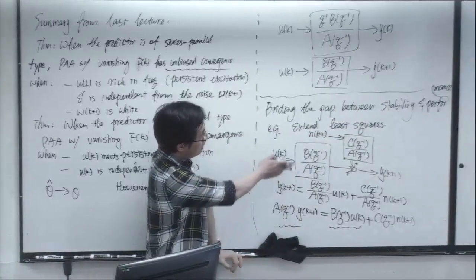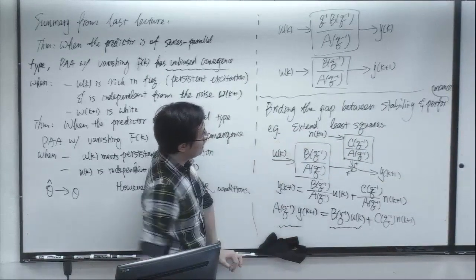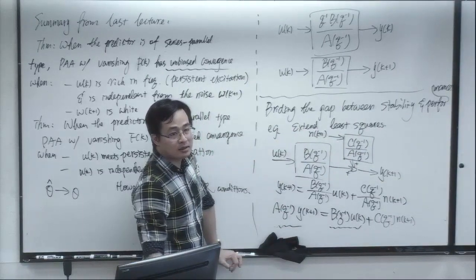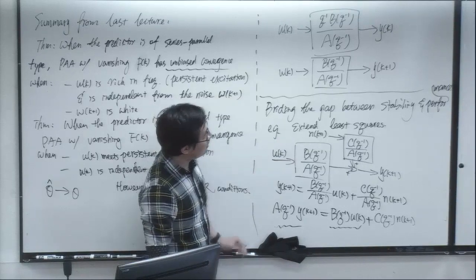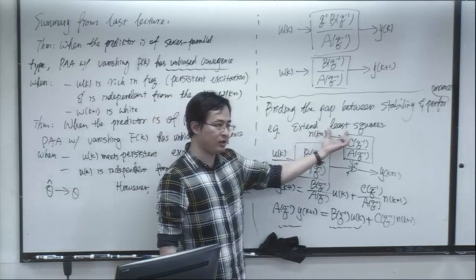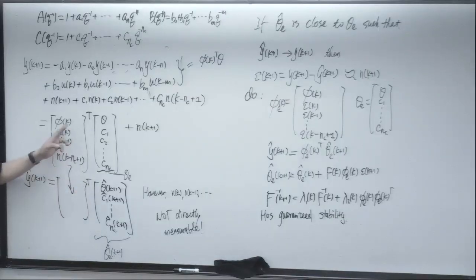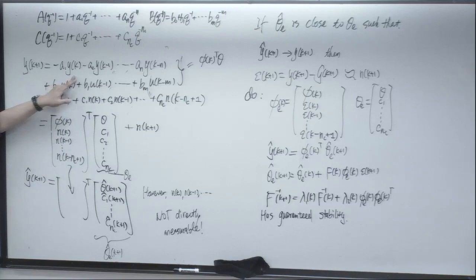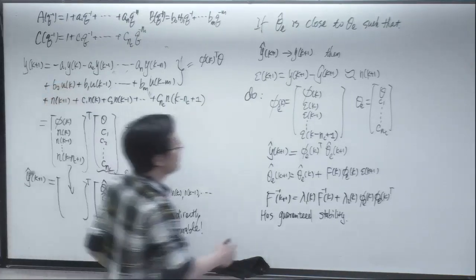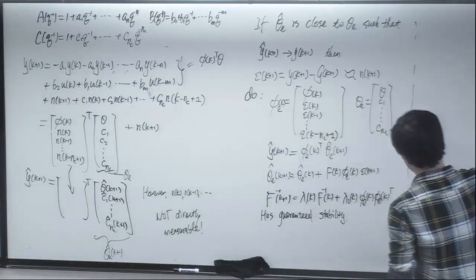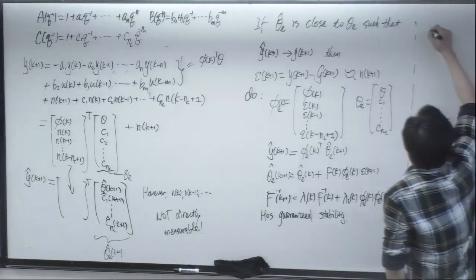Another way to get a balance is the method that we already actually discussed, is the parallel. This is still a series parallel structure because the regressor vector phi is using these actual measurements. Another way to bridge the gap is actually the parallel method with an adjustable compensator.